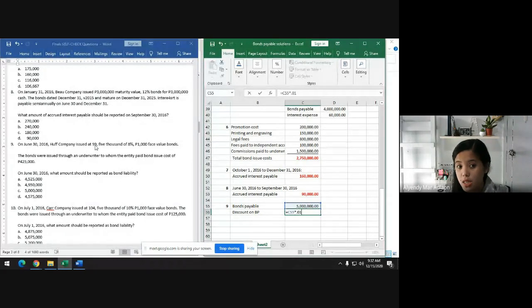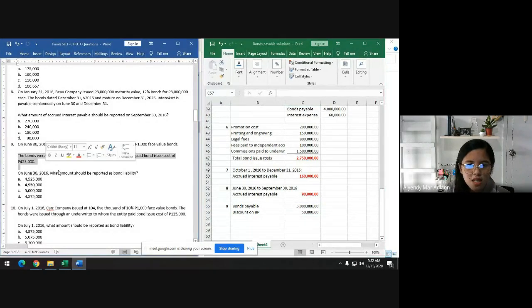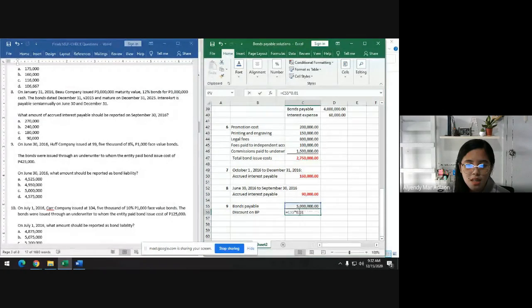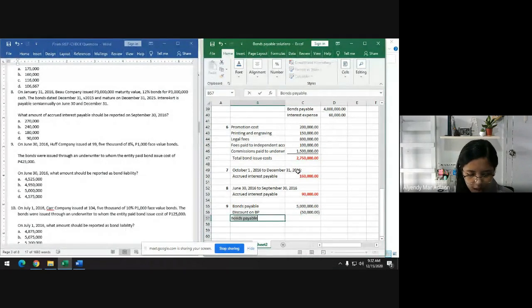So, it is lower than the face value by 1%. So, that is 50,000. And of course, there is bond issue cost. Whenever there is bond issue cost, we lump it together with the discount on bonds payable. So, both the discount and the bond issue cost are deducted because both of them have the normal balance of debit, while the bonds payable has the normal balance of credit. Bond issue cost of 425,000.